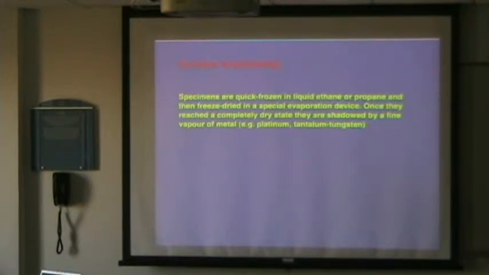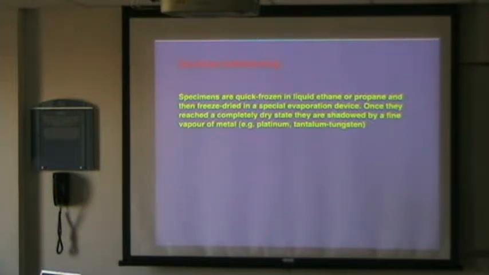Then another thing we also sometimes use is surface shadowing. In this case again, we freeze first, the same way we do it for cryo. But then we take the grids and we go to a sublimation chamber and get rid of the ice, a solid to gas phase evaporation.